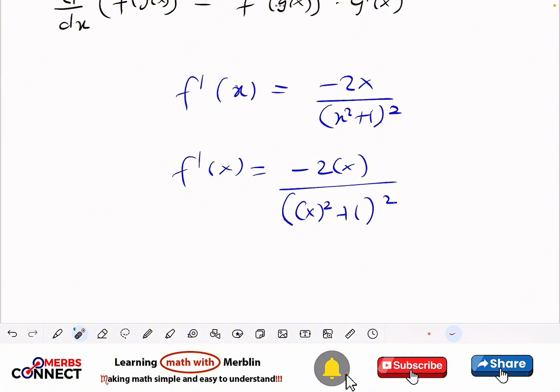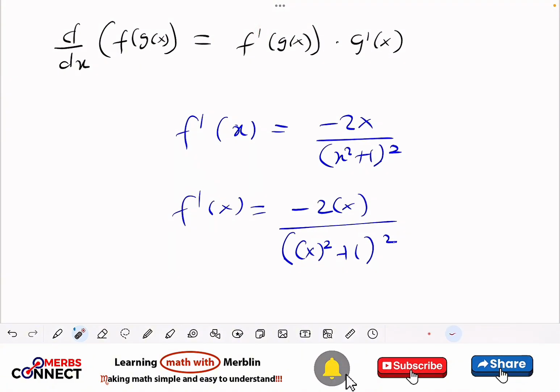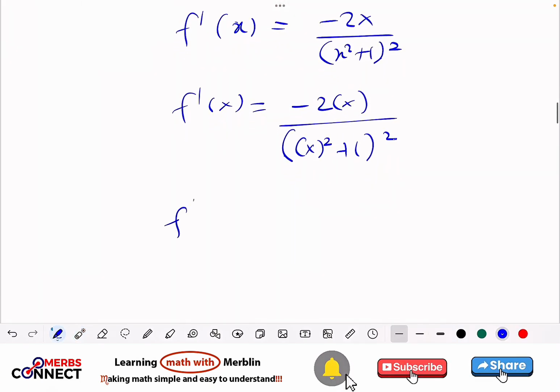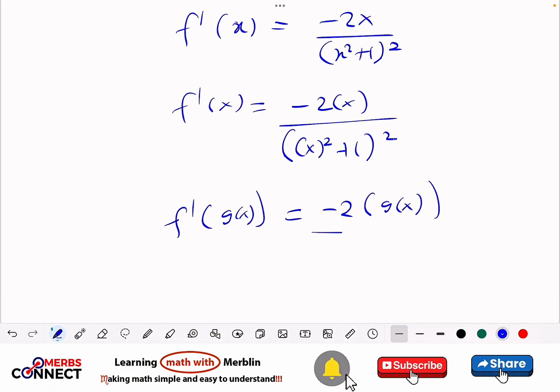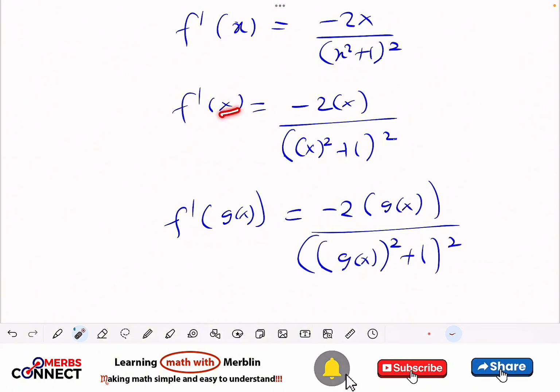So now that I need f prime of g of x, it means that now this x here is now g of x. So I'm going to have something like this. f prime of g of x, which is equal to minus 2 times g of x divided by g of x squared plus 1 all squared. So what did I do here? I just replace all the x with g of x. Good.